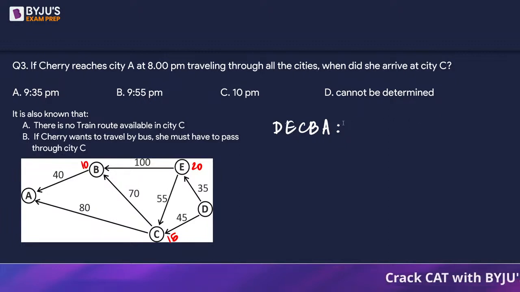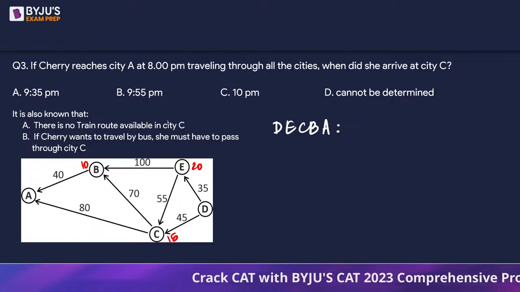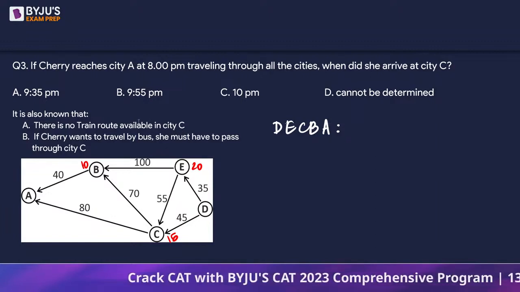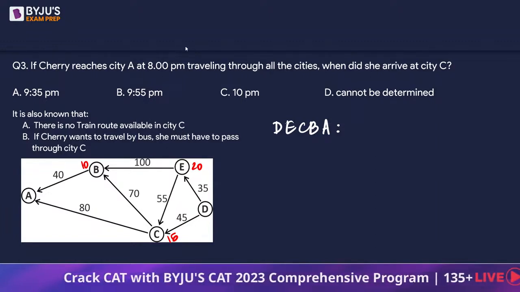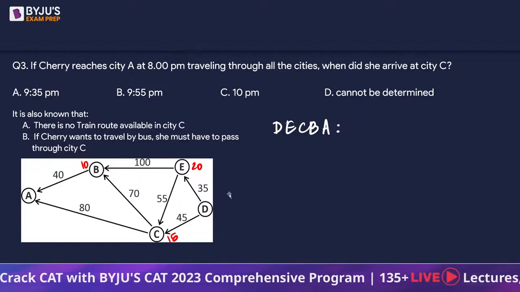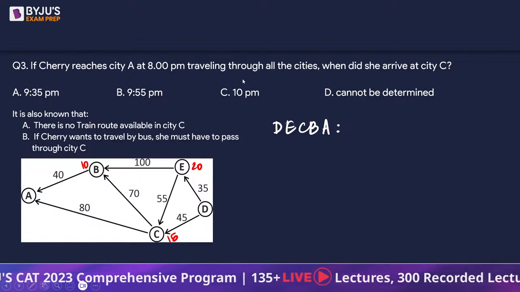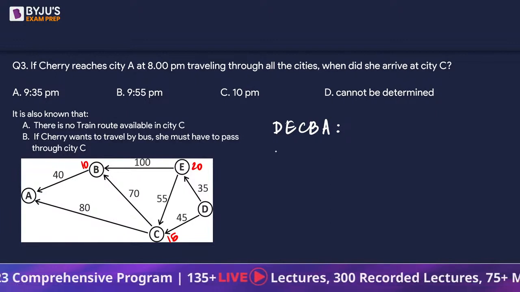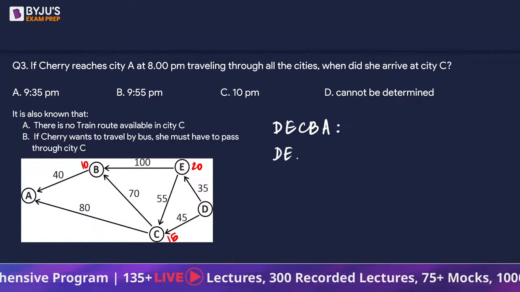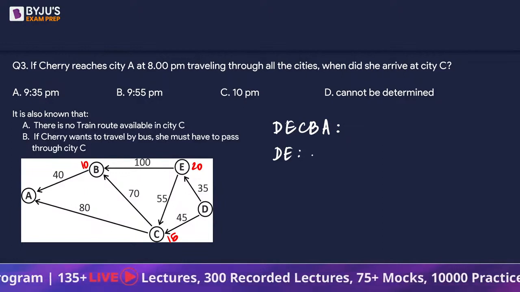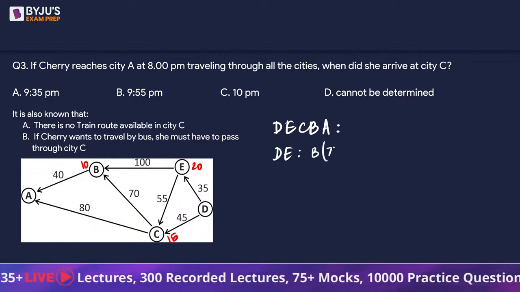She has to reach city A at 8 p.m. So how come at city C somebody is going to be after 8 p.m.? Also, this particular path, which is DE, if somebody is going to take a bus, it's going to take 7 hours.